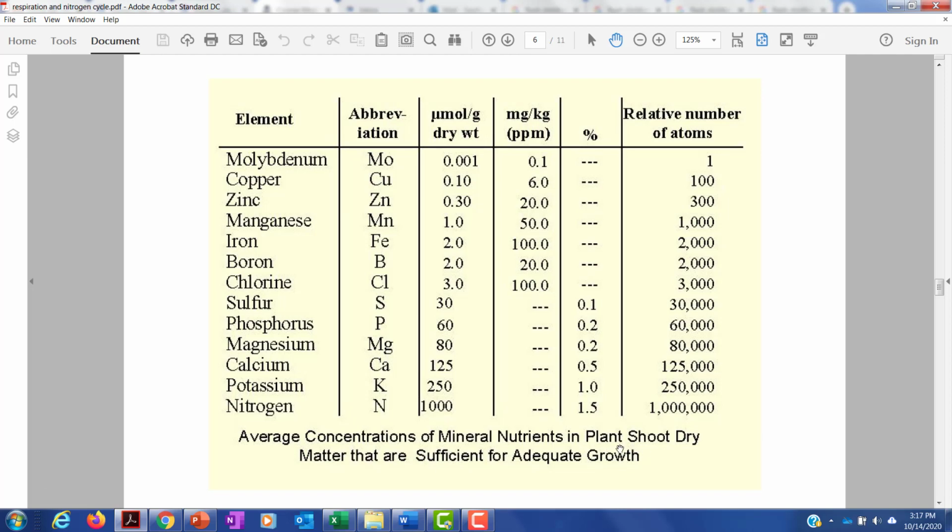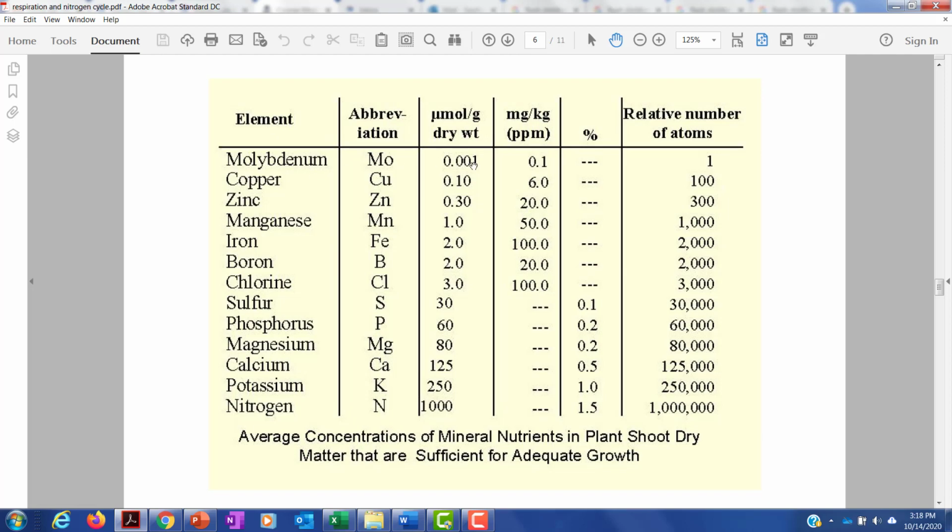If you took a plant and burned it to a crisp and ran it through a chemical machine to tell you what it was made out of, it would look something like this. I'm obviously not going to ask you to memorize this table. I'm trying to get a point across here that as you go down this table, more and more of the plant is made of these things.